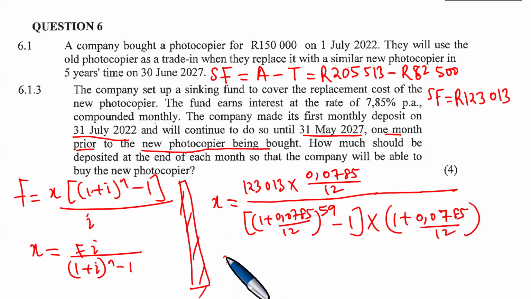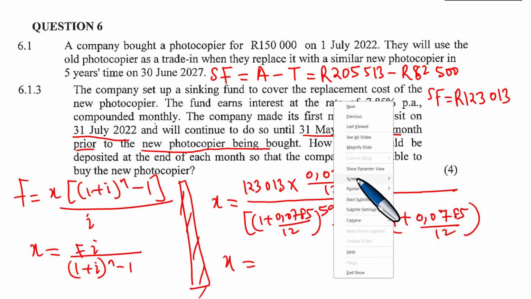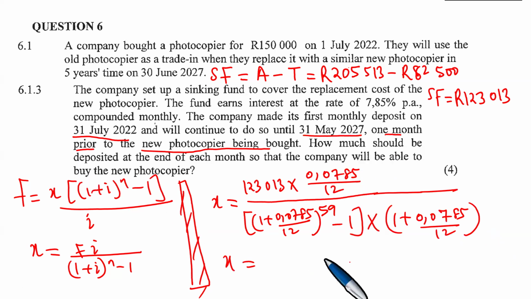Right, and therefore it means that X is going to be, what answer did you get here? I got 1704.01. Well done, that's correct. Yes, sir. 1704.01. That's the correct answer.